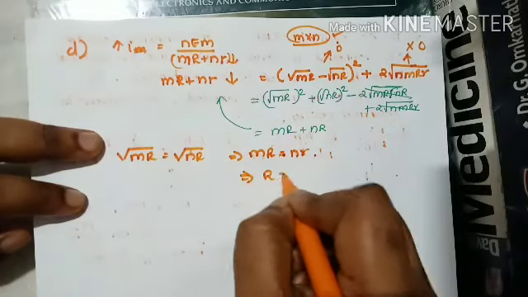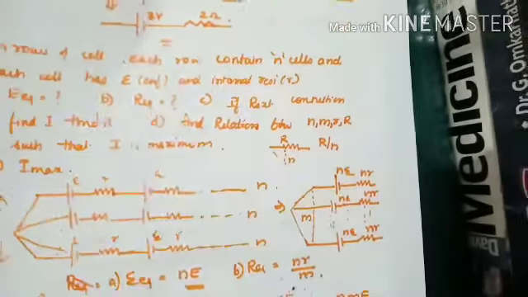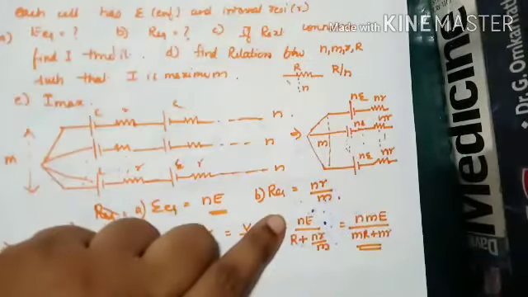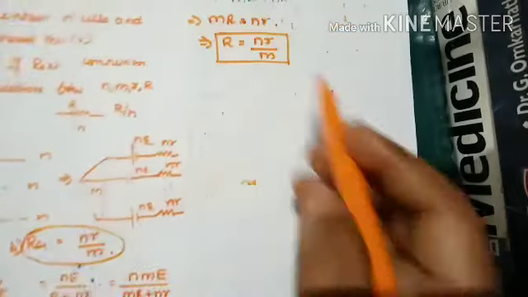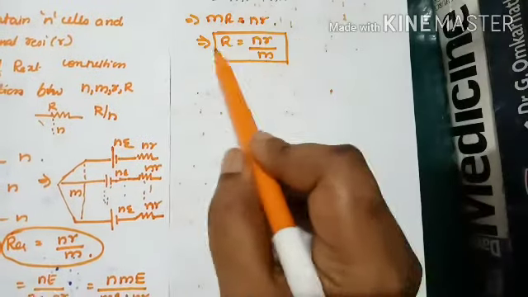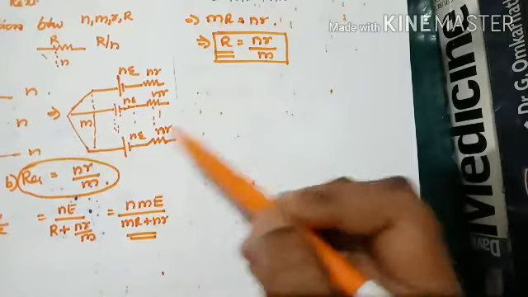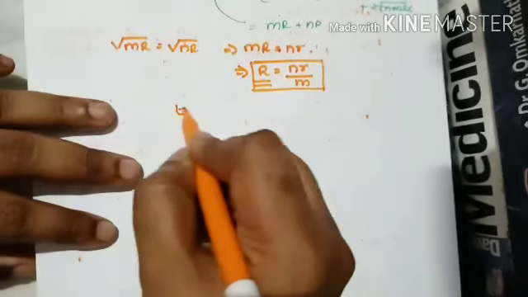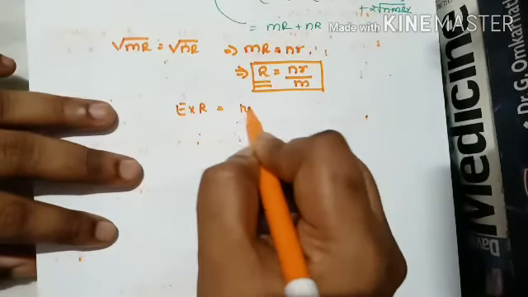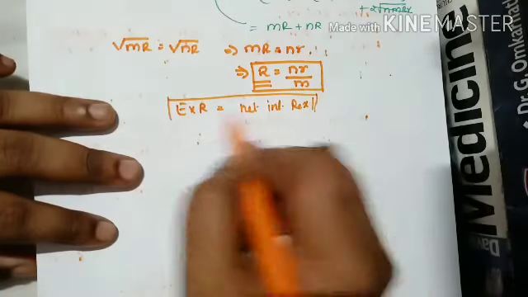From here I can write R is equal to NR by M. Going back to the previous, the NR by M which was mentioned here, that is R equivalent equal to NR by M, is the same value here. So when the external resistance is equal to the equivalent internal resistance, that is the point when maximum current will flow. Clear? That is, when external resistance is equal to net internal resistance, then maximum current flows.